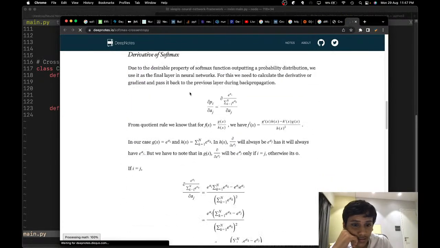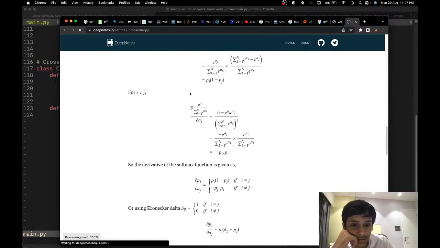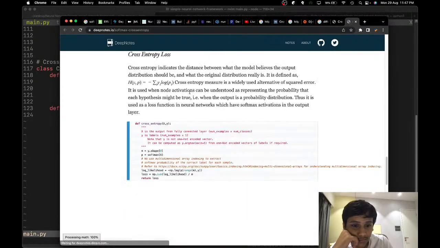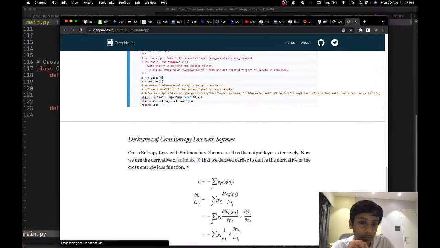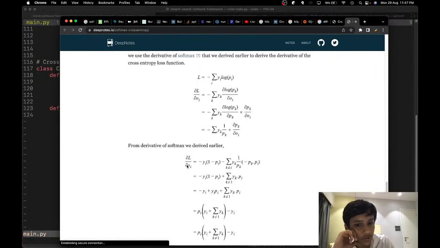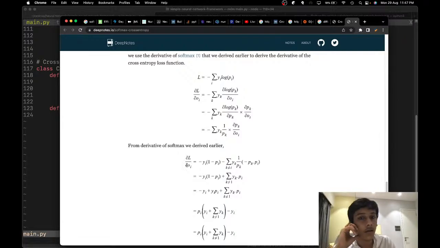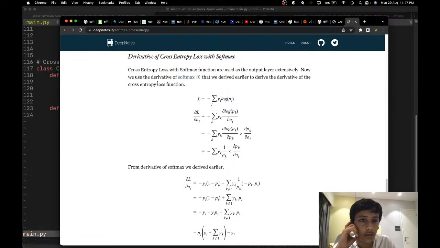This is just bad. Derivative of cross entropy. Let's have a look. We use cross entropy loss with softmax function, as they are used in the output layer extensively. Now we can use the derivative of softmax that we derived earlier to derive the derivative of the cross entropy.